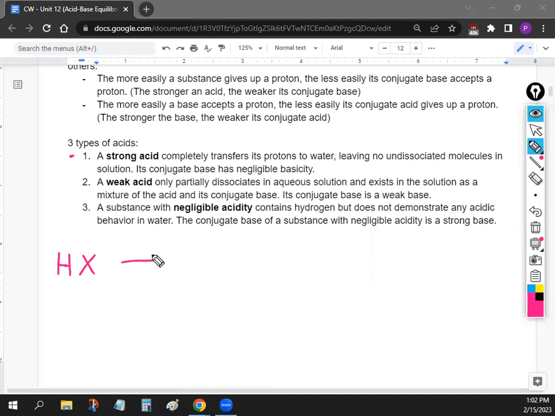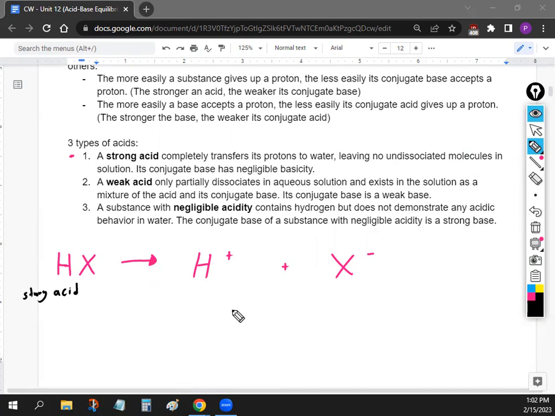For strong acids, we use an arrow that just goes right because it completely dissociates when you put it inside of water. So this is going to be a strong acid, and it dissociates completely inside of water.